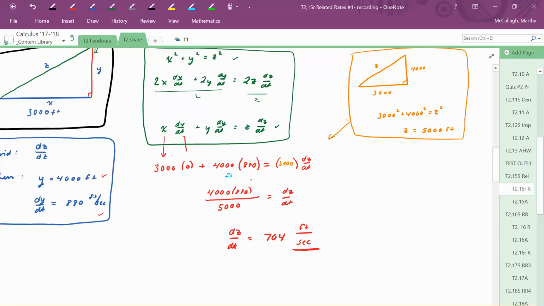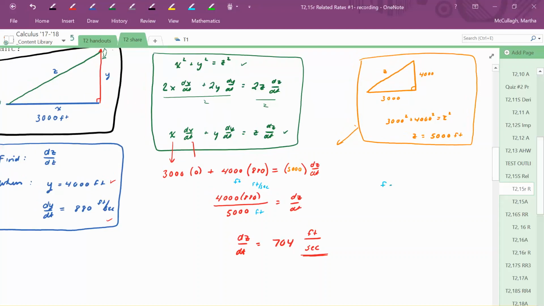The 880 was feet per second, and the 5,000 was feet. Well, if I have feet times feet per second divided by feet, I've got feet squared per second divided by feet gives me feet per second. So we agree.